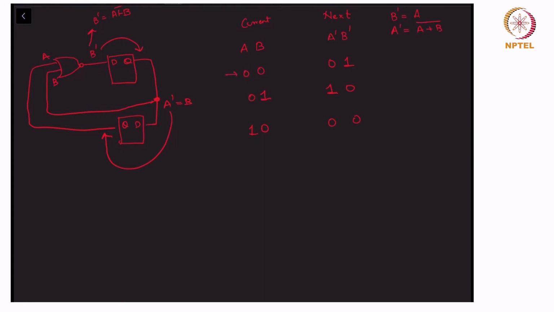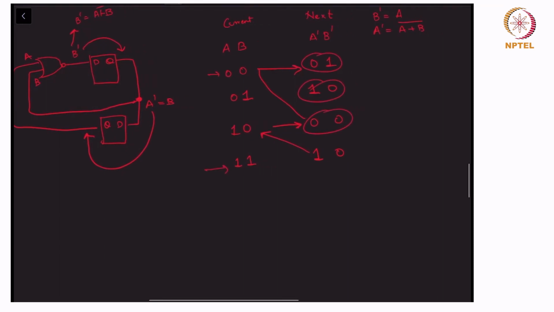And you can see that even if for some reason we had some initial state as 1 1, the next state would have become 1 0, and then 1 0 means it will go to 0 0, and then it will again cycle through the states. So even if it had this as the initial condition, it would eventually go to that cycle in the steady state, right?